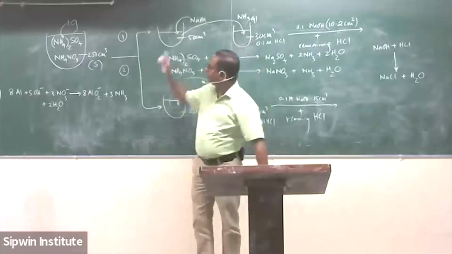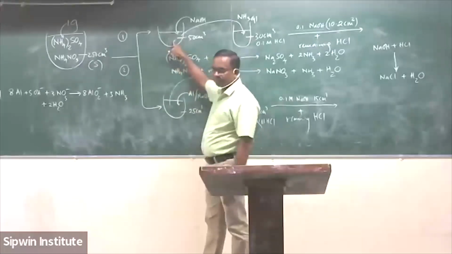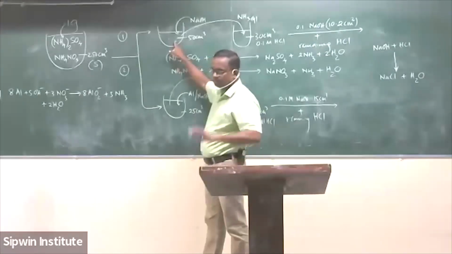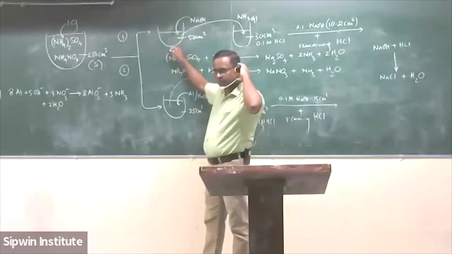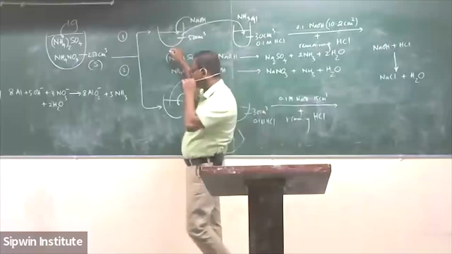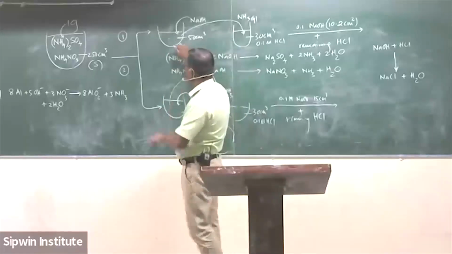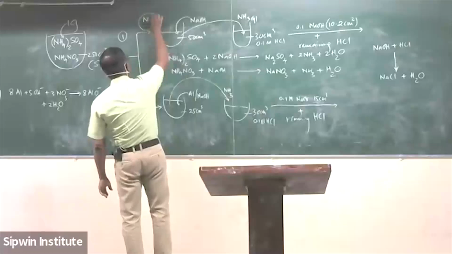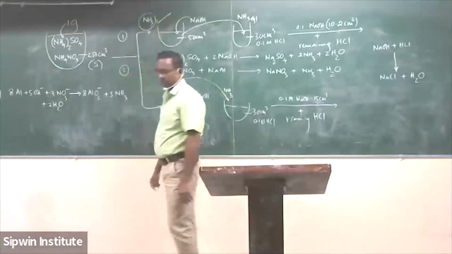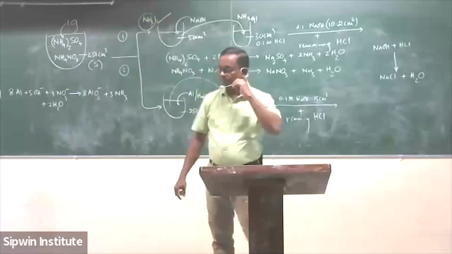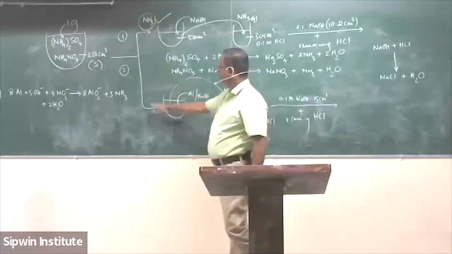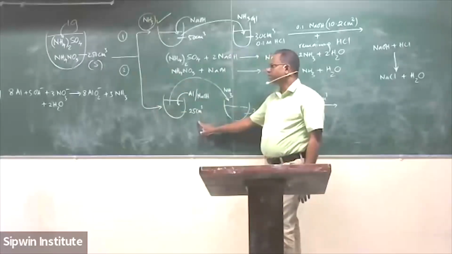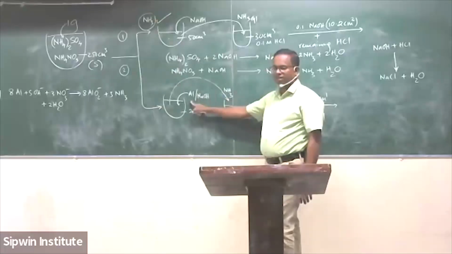Ammonia known, you can take that ammonia to this place. From 50 cubic centimeters, how much ammonia is released? You know that one. In the other part, 25 taken, the same procedure but with the aluminium.